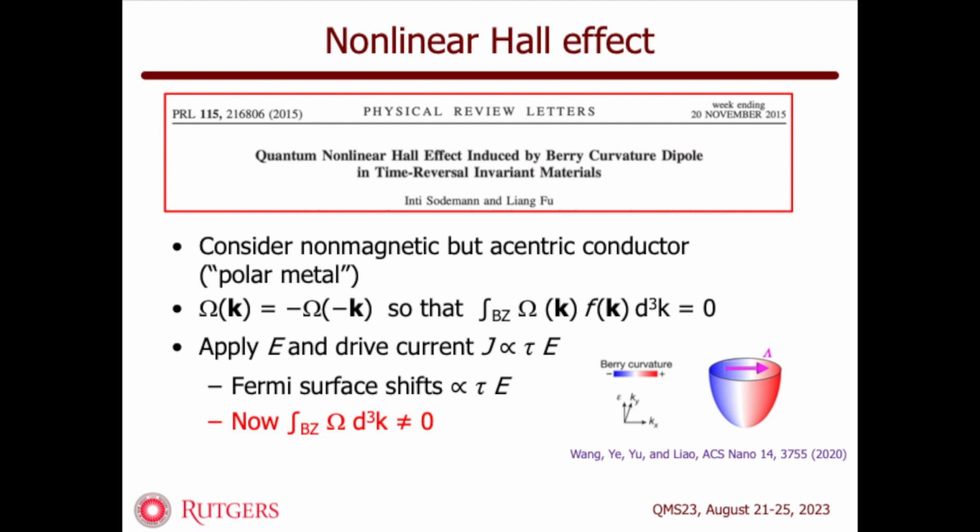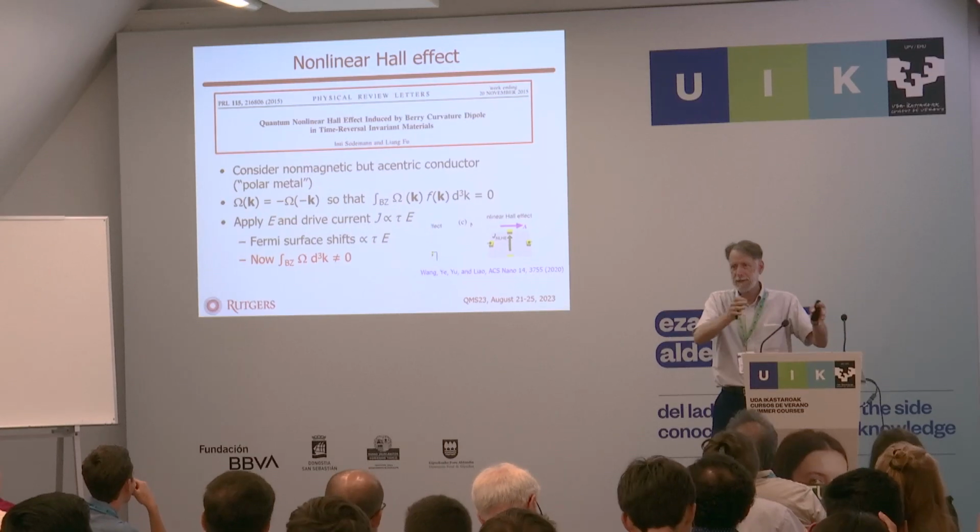But now let's combine this with Boltzmann transport theory. Boltzmann transport theory says that if I have a system and I apply an electric field in the x direction, and I think of the Fermi sea made up of wave packets, those wave packets will drift in the kx direction in such a way that the Fermi sea gets displaced.